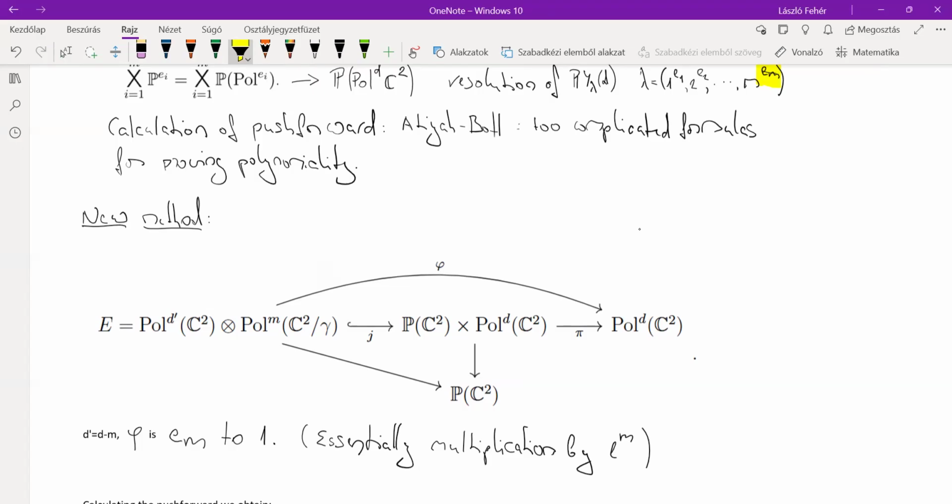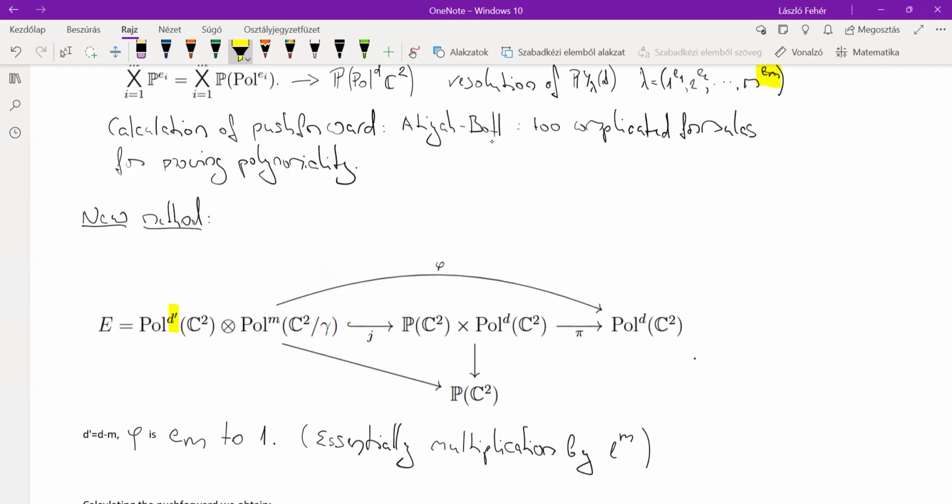What is this branched covering? It's essentially just multiplication by the mth power of a linear factor. So this d' here is d minus m. I take a polynomial which has degree d', and I multiply it by the mth power of a linear term. And this way I get a polynomial of degree d.